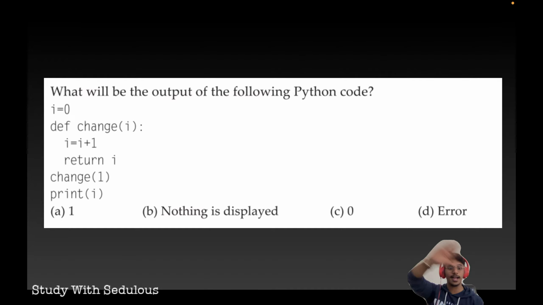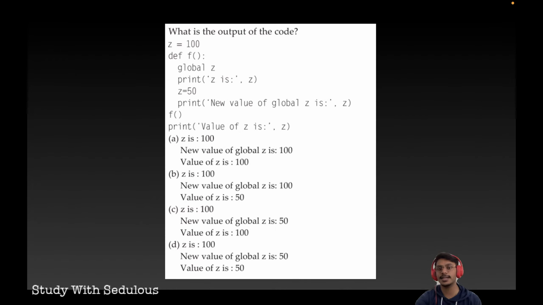What is the output of the code? Z is 100, definition of F is global Z, print Z, Z is 50, print new value of global Z is Z. We have to check. Okay, now we have to come a bit more serious. Z is 100. We have already said the value is 100.